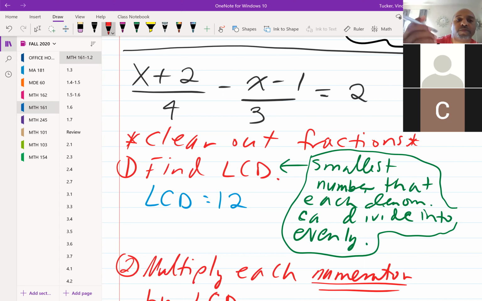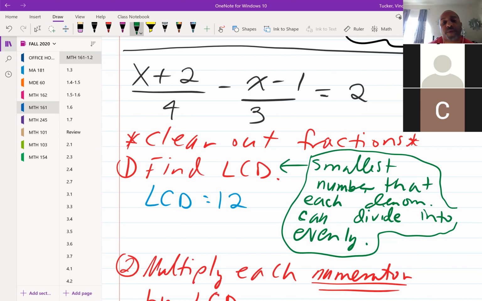So it is the number that each denominator can divide into evenly. So in this case, that's going to be 12.